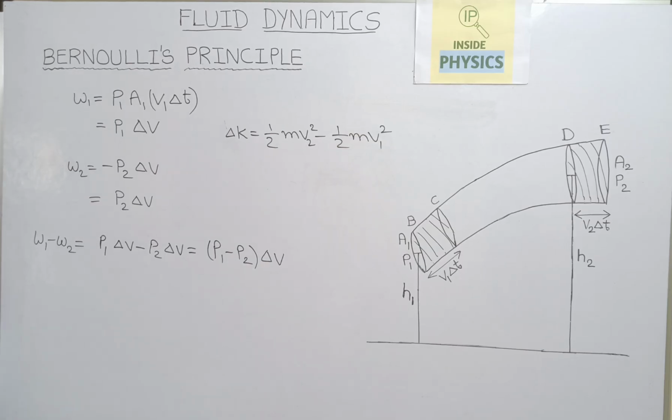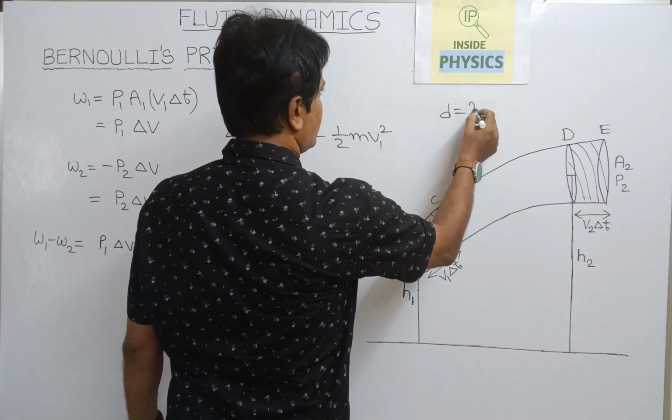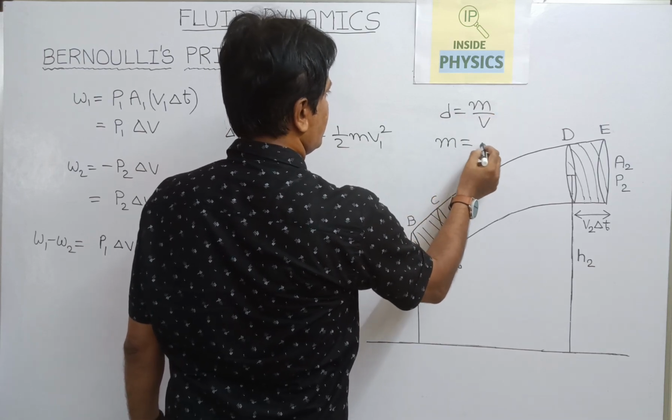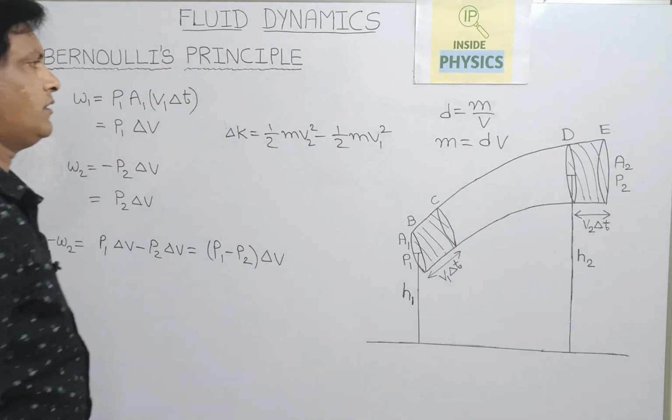So how to get the mass of the liquid? We know the relation that density is equal to mass per unit volume. So mass is equal to the density of the liquid into the volume of the liquid.